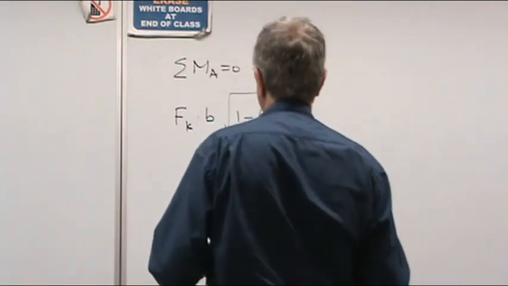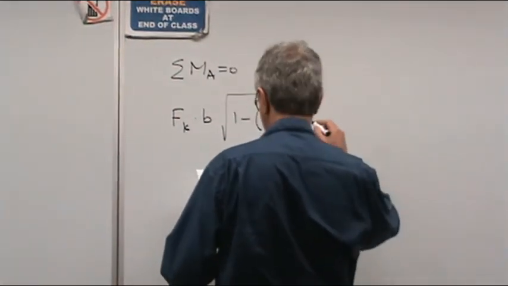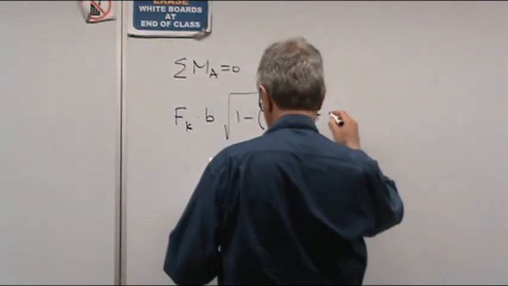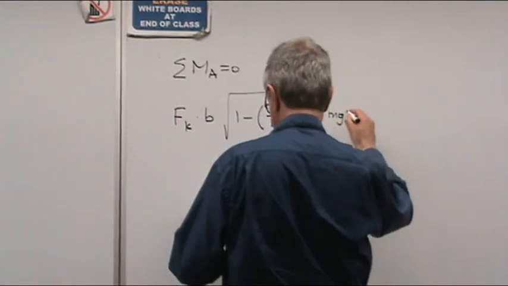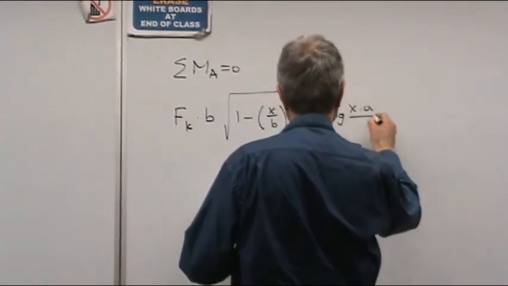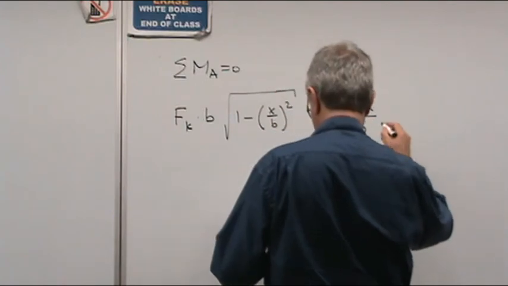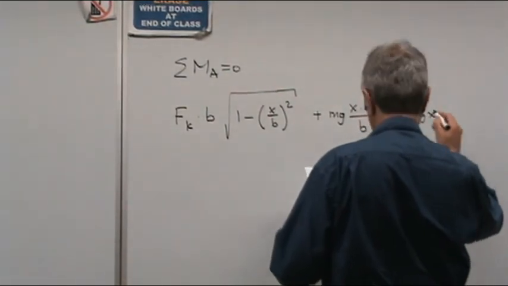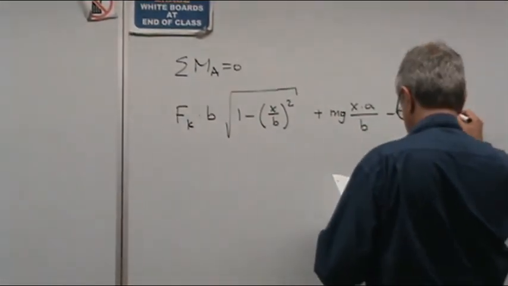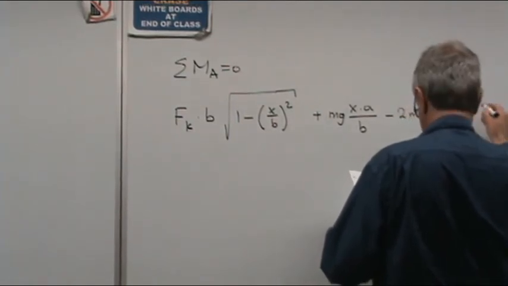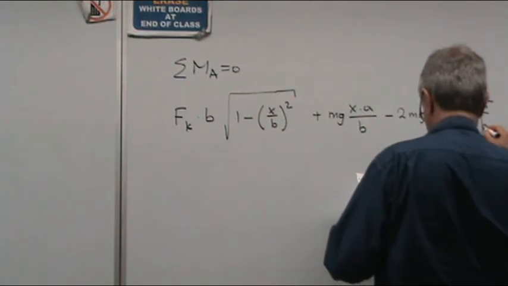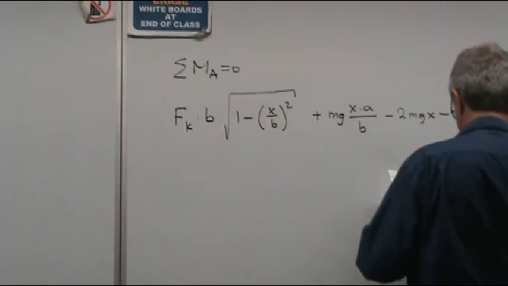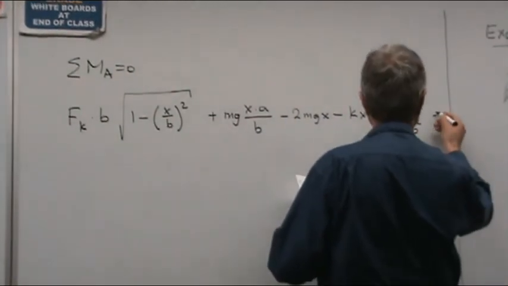Then we have the moment because of the weight, which is mg x a over b, minus 2 times mg x, minus k x a squared over b, times the square root of 1 minus x squared over b squared, equal to 0.